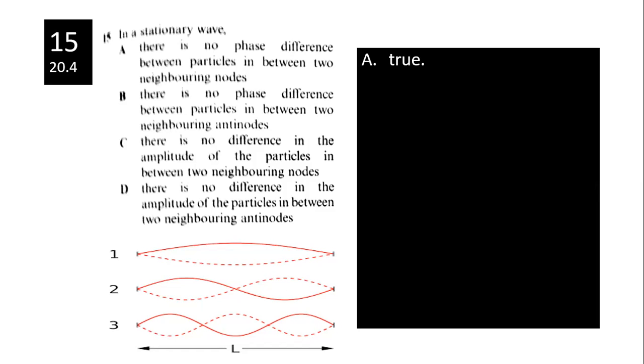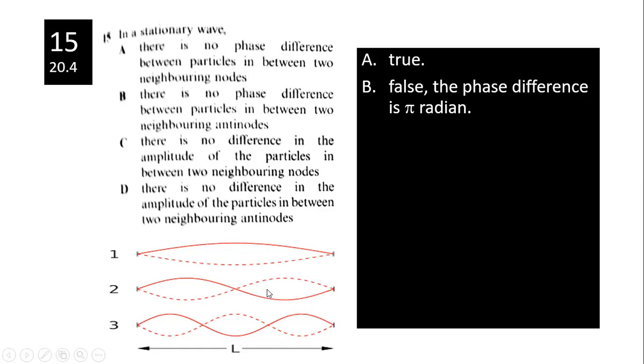This is your antinode. There's your antinodes. So there's a phase difference. Phase difference is 180 degrees. This is moving up. This is moving down. So wrong. Pi radian.